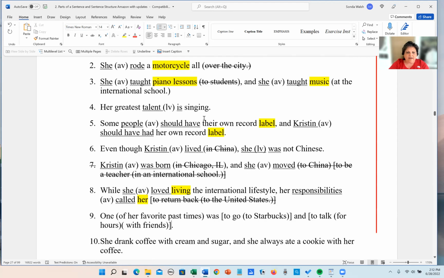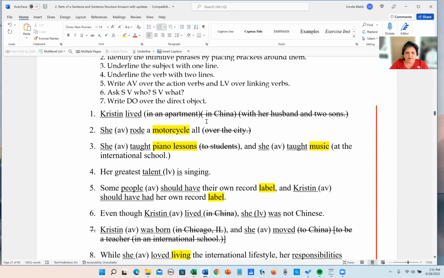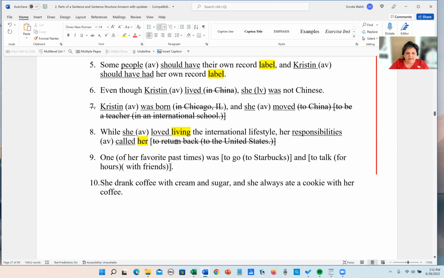All right, the next thing we have to do is underline the subject with one line. And I'm going to go ahead because we don't want our subject or our direct object to be found inside of a prepositional phrase. So I'm just going to put a line through that. So the subject is one. And the verb is was.